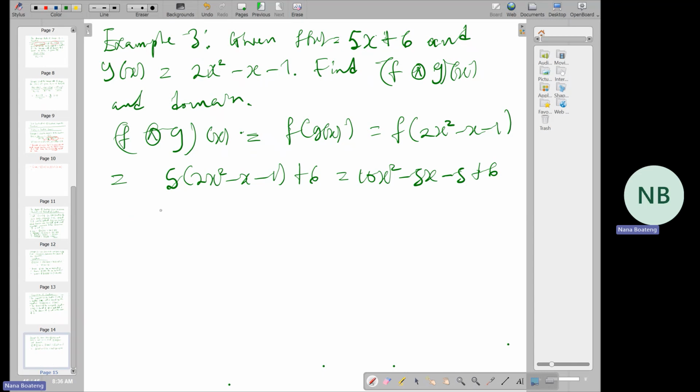So this becomes 10x squared minus 5x plus 1. There are no restrictions on this function f of g of x. So the domain is all real numbers.